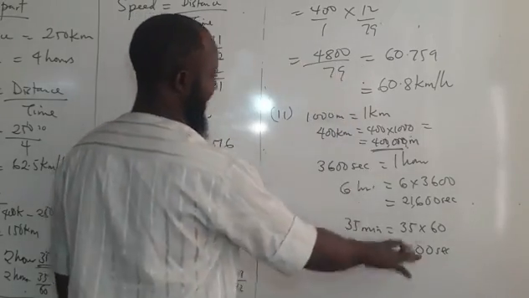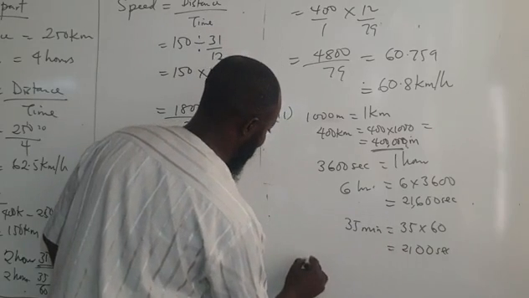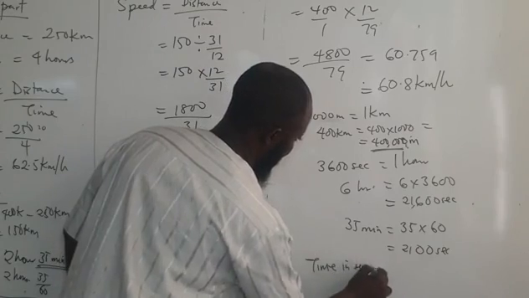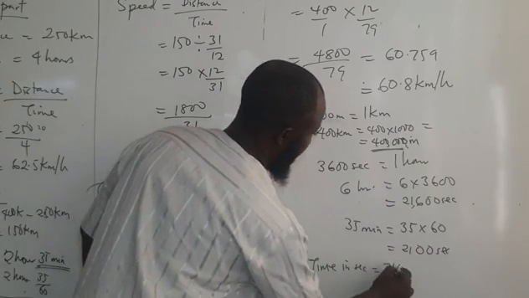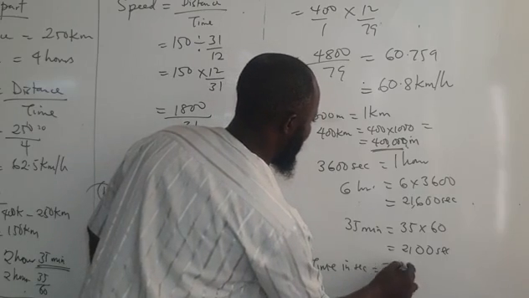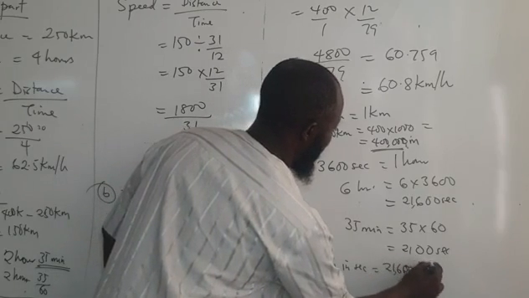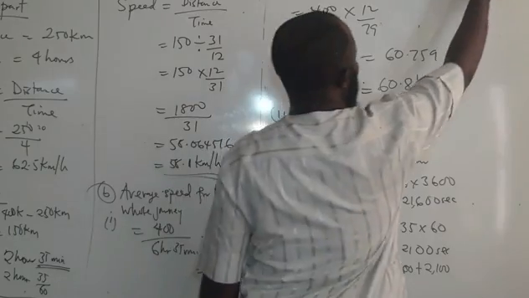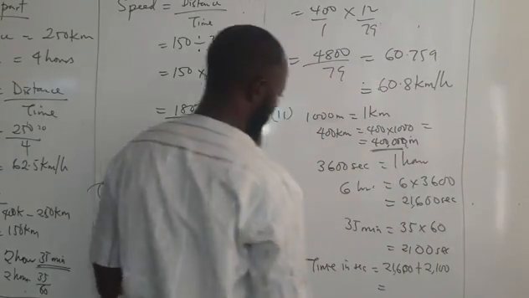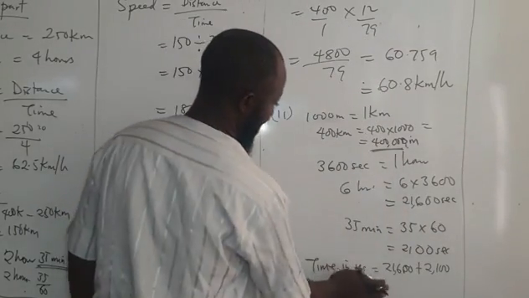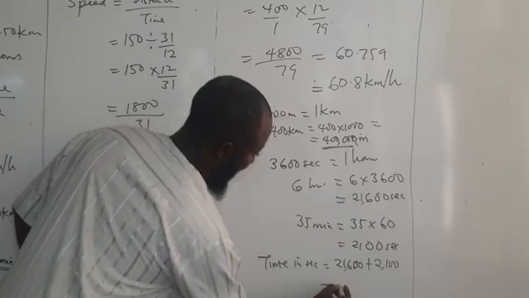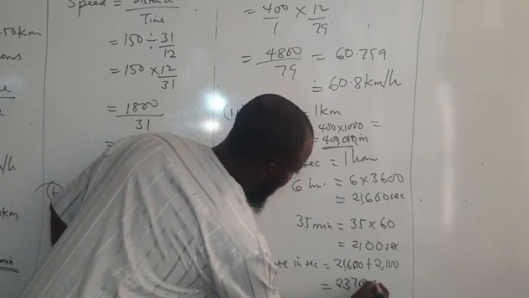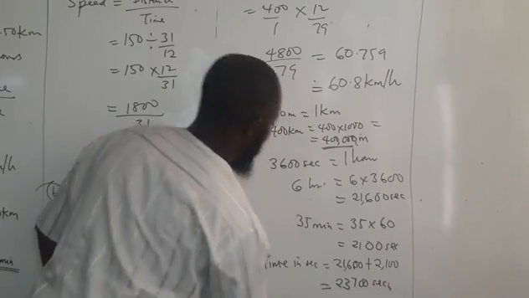Now the total time in seconds will then be 21,600 seconds plus 2,100. Adding the two together, this will give us 23,700 seconds. So that is the total time.